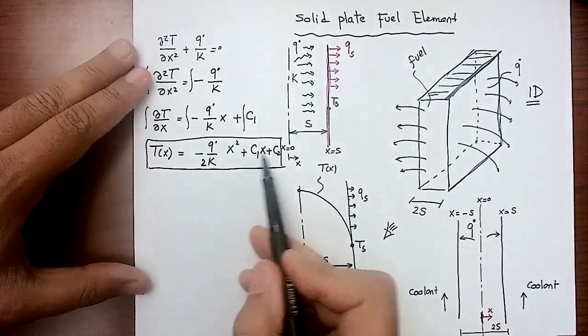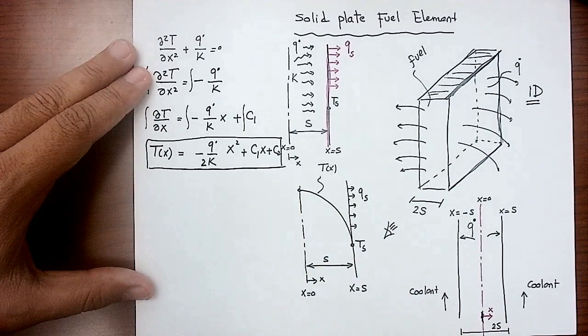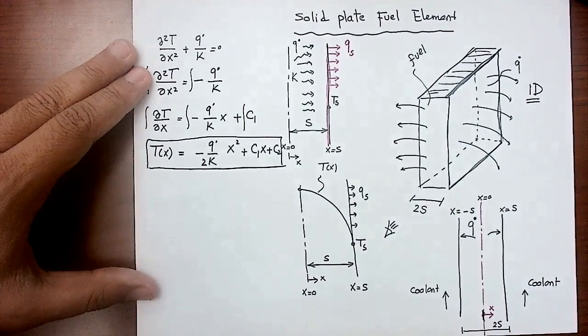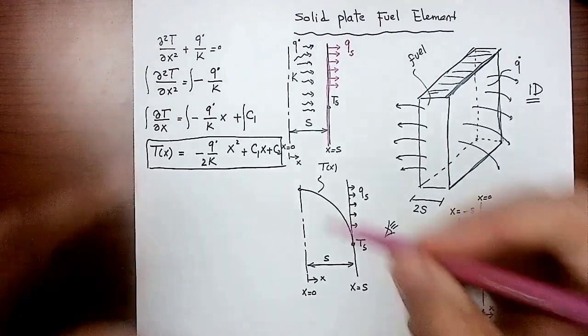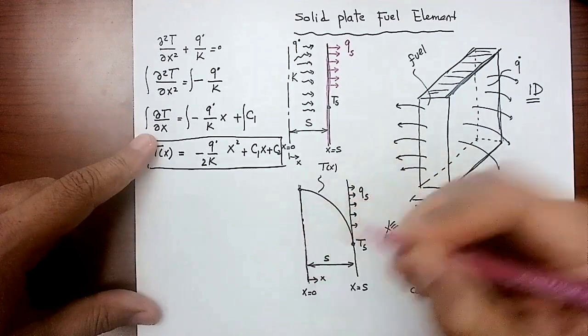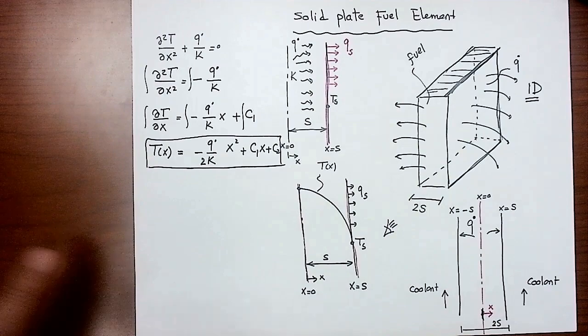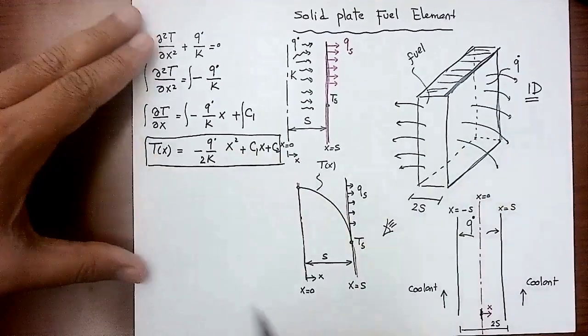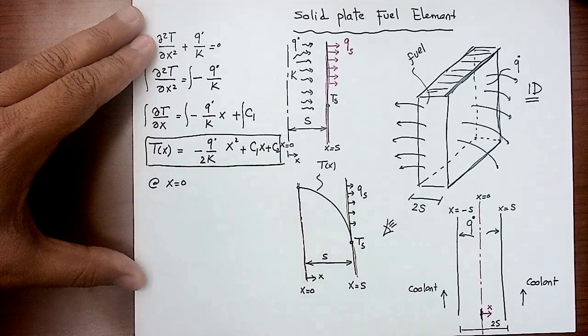What if you want to get these coefficients C1 and C2? You have to use something called boundary conditions, right? What are these boundary conditions? What is the boundary of that geometry here? The boundary is, this is one boundary, and this is one boundary. And I need to find the relationship between X and T. So the first boundary condition is at X equal 0.